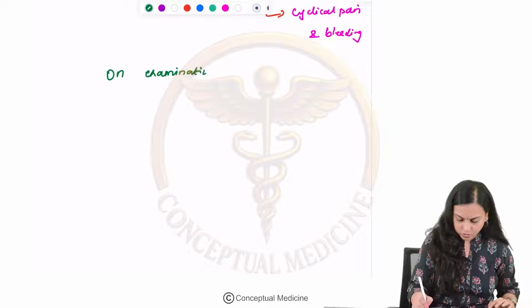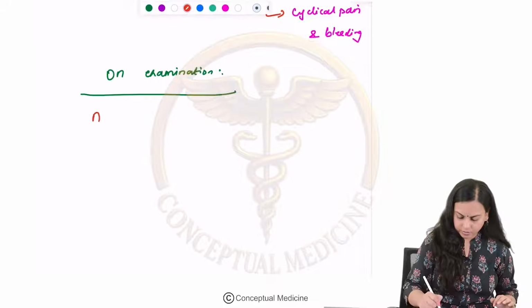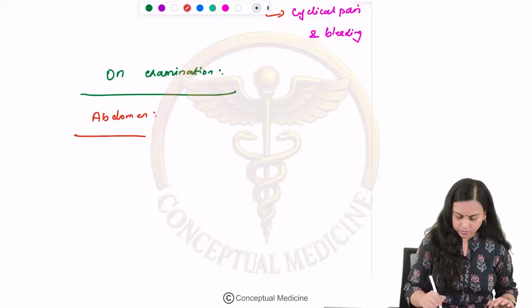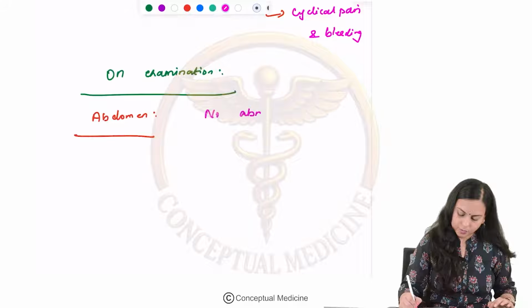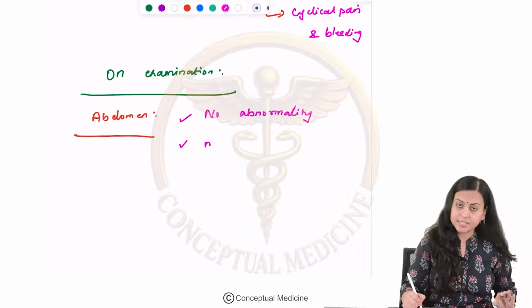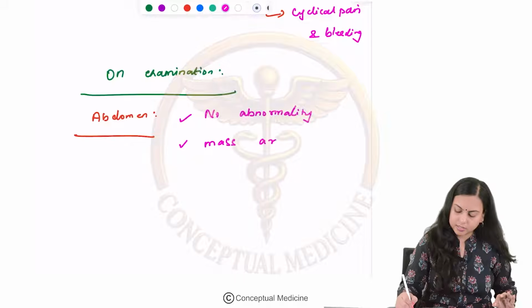Right. Now, on examination of the abdomen, usually you will see no abnormality, or you can see a mass arising from the pelvis.